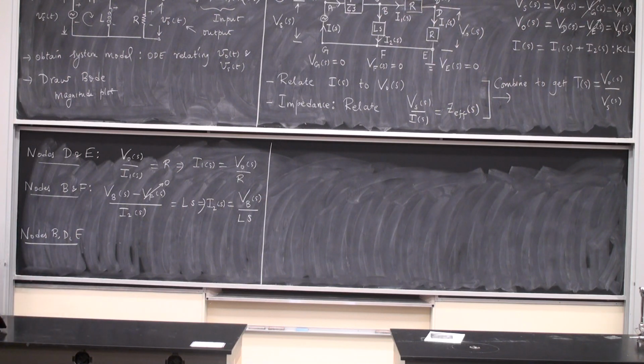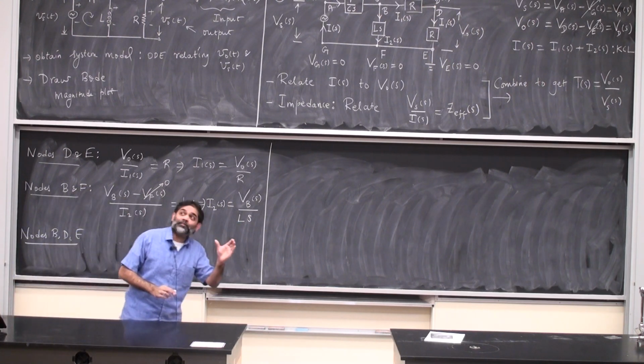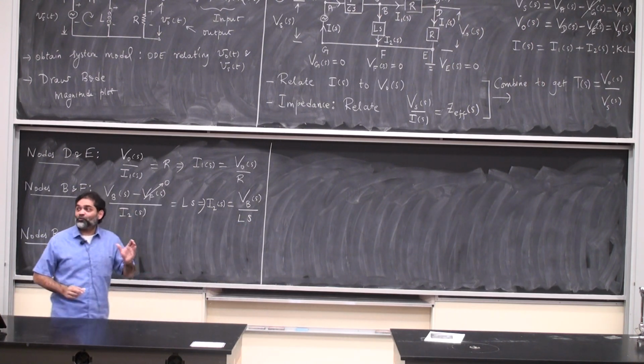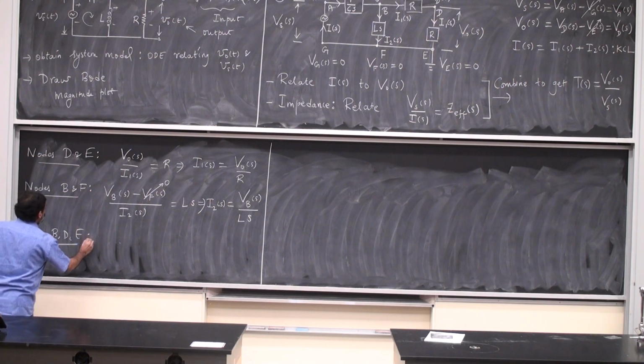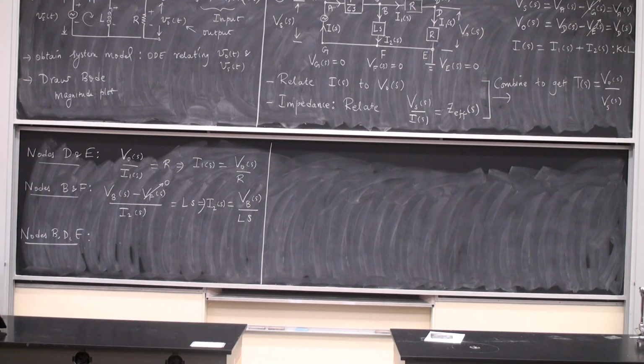Why am I looking at those nodes? Because I have the voltage VB at the node B, and then the output voltage V0 is between the nodes D and E. That's why I'm looking at those three nodes. If I look at those three nodes, then obviously I know that the same current is flowing through the resistors, so they are in series, and so the total potential drop divided by the current is equal to the total impedance. Okay?